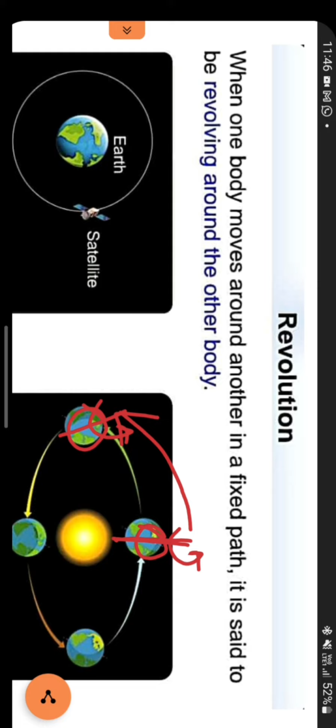This is known as revolution. In your copy, write down what revolution is, and I suggest you draw this picture so that in future you remember what revolution is, what rotation is, and the difference between rotation and circular motion. Note everything in your copy.